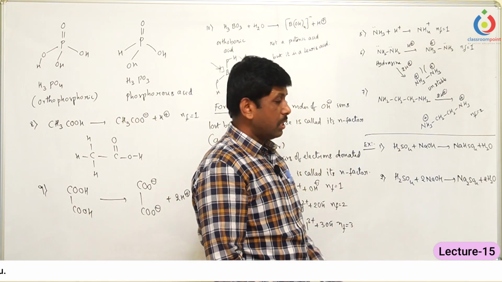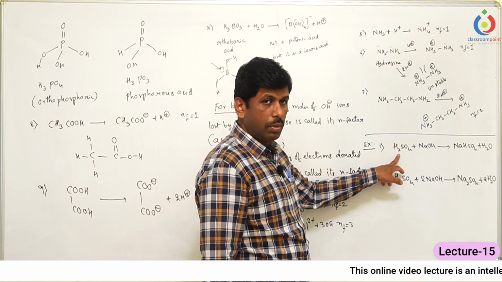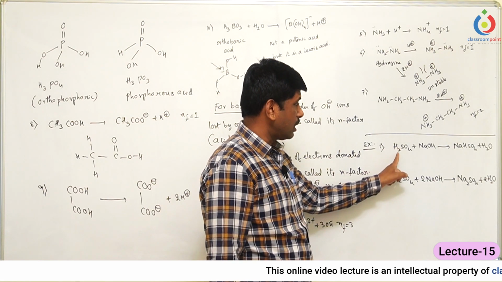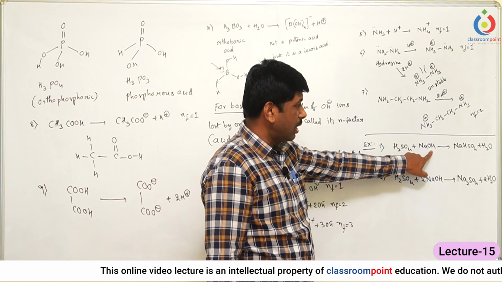So in these two conditions, the N factor of the acid varies. In the first condition, H2SO4 is donating only 1 H plus ion, releasing only 1 H plus ion, and combining with only 1 OH minus ion.